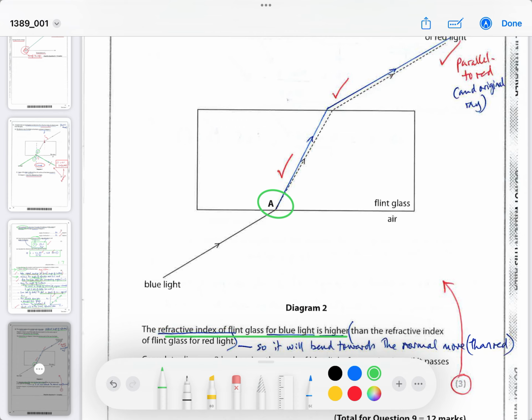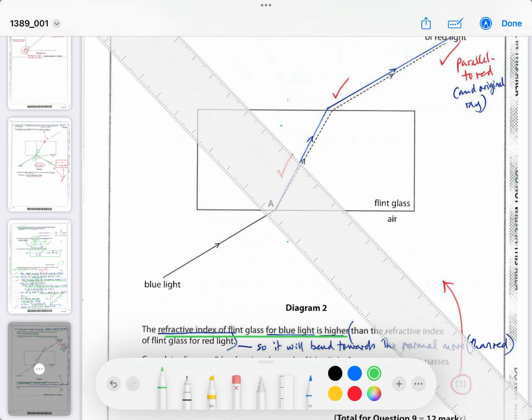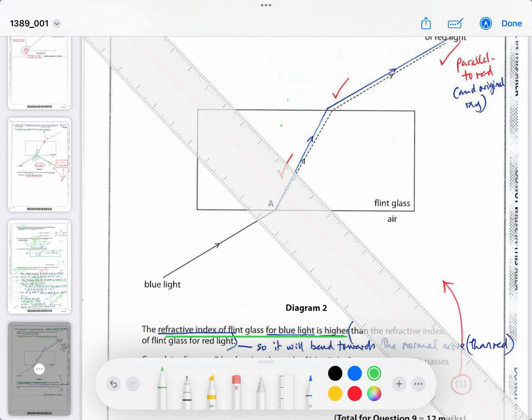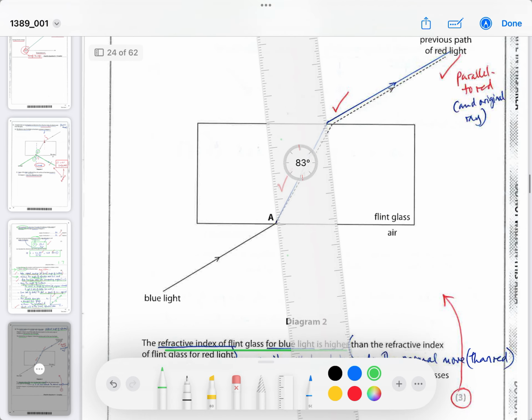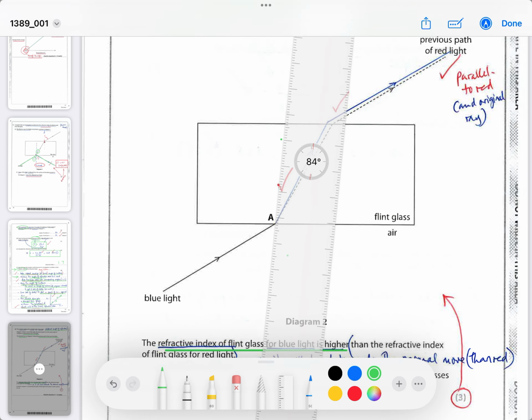I haven't drawn the normal in. The normal would be drawn at A using a ruler. I don't know how I can change the ruler. Oh, there we go. It's good having the functionality of a ruler. I'm just making sure I draw it accurately.